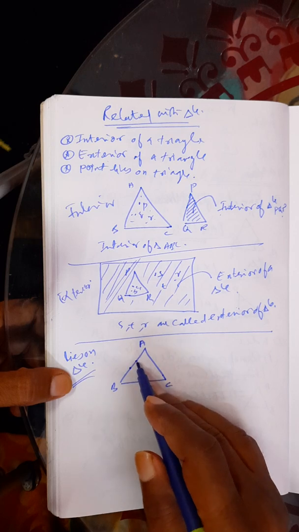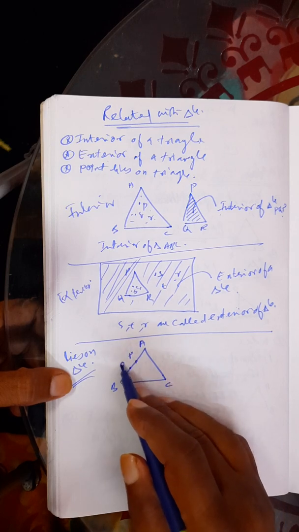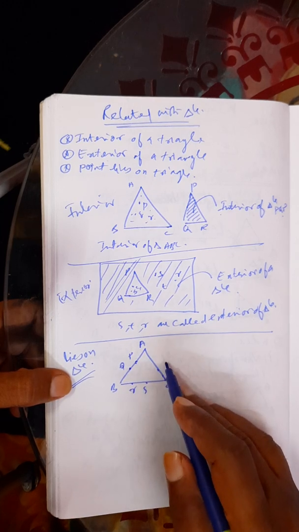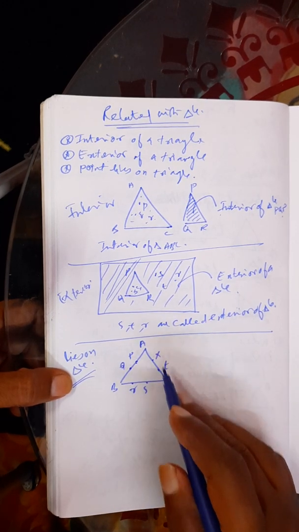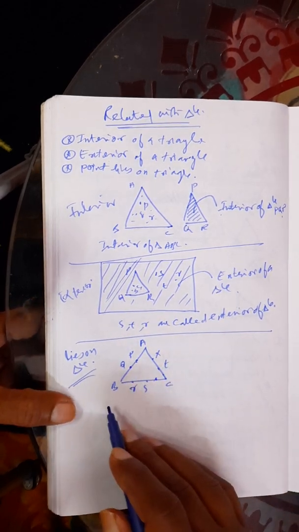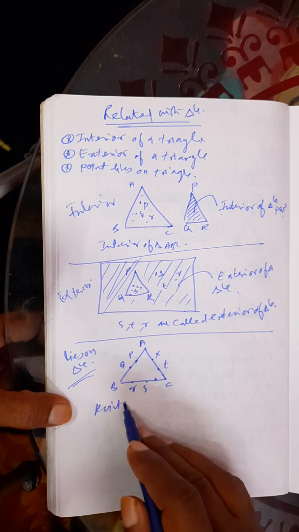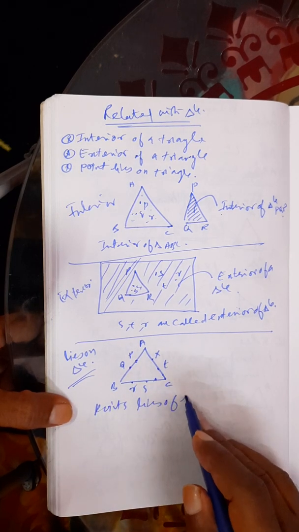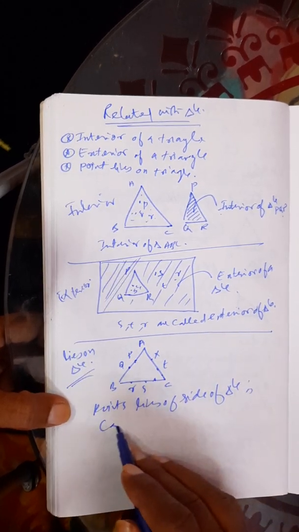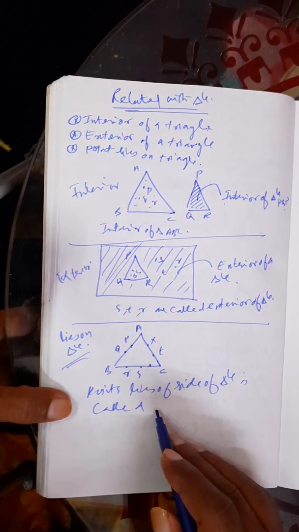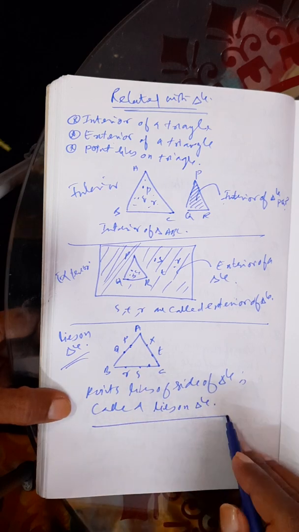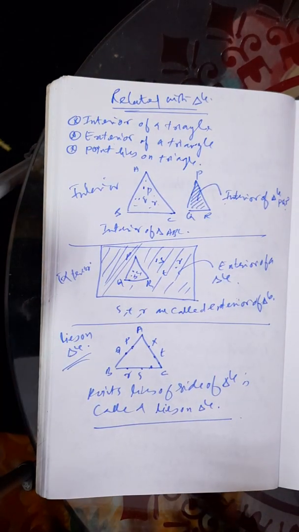If you take any point on it, P, Q, R, S, T, X, all these points that lie on the sides of a triangle are called points lying on the triangle.